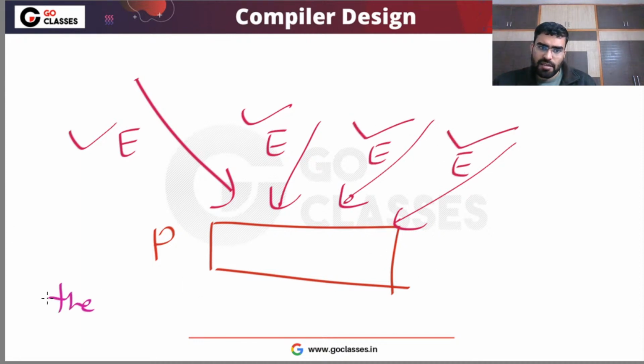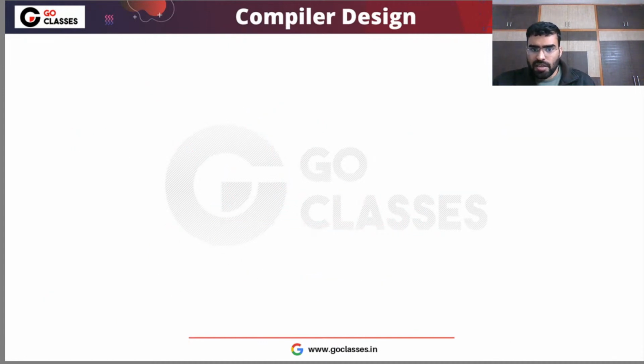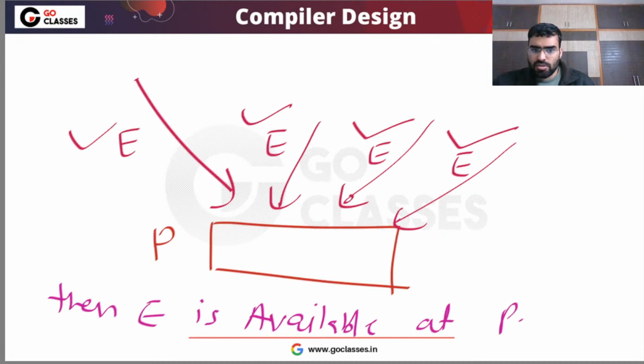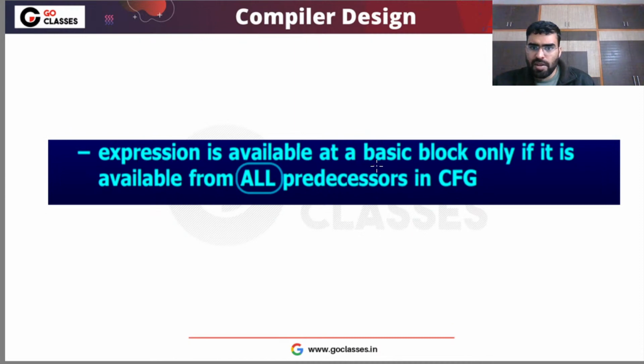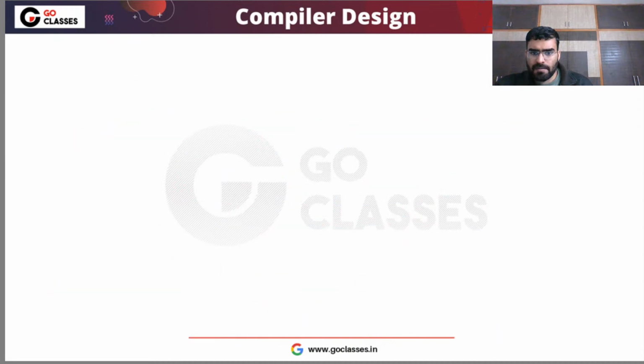Then we can say E is available at P. You can notice an expression is available at a basic block only if it is available from all the predecessors. This is very important, so it should come from all the places.